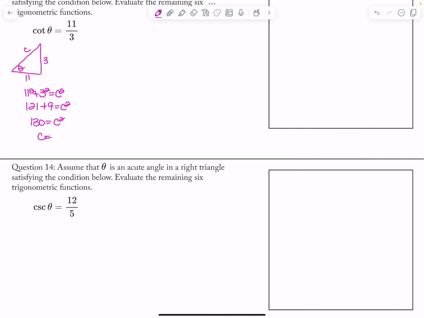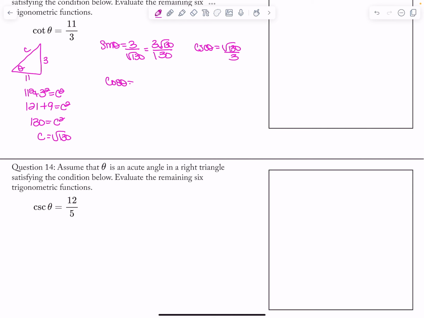So c is root 130. So sine of theta is 3 over root 130. So that is 3 root 130 over 130. Cosecant of theta is root 130 over 3.